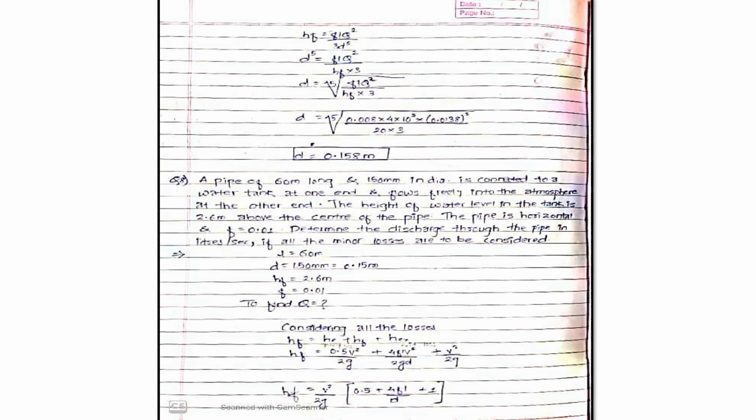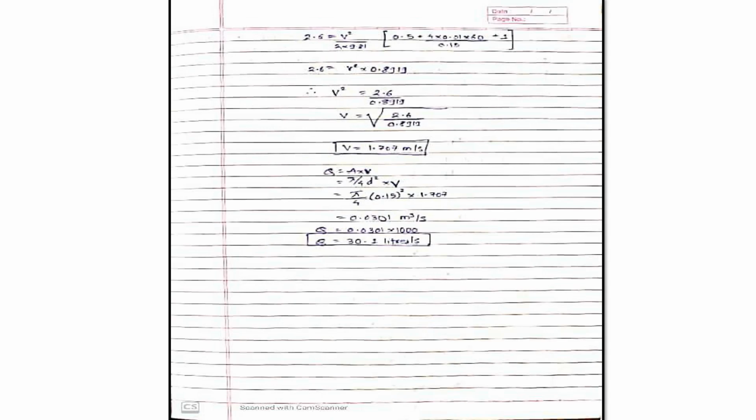Taking V square by 2G common, we get into bracket 0.5 plus 4FL divided by D plus 1. Substituting all the values, you have to calculate only the velocity. V is equal to 1.707 meter per second.